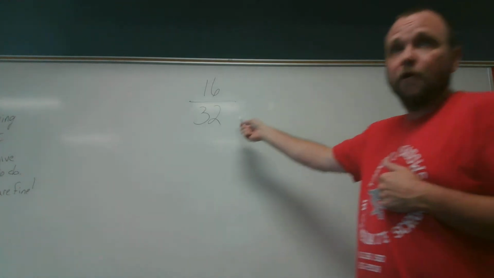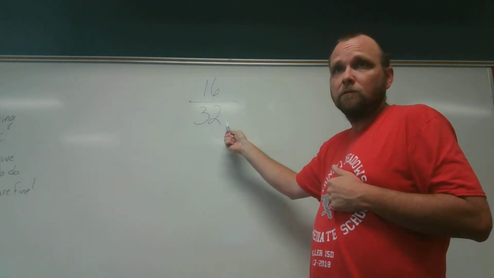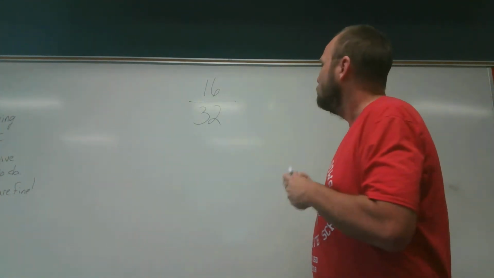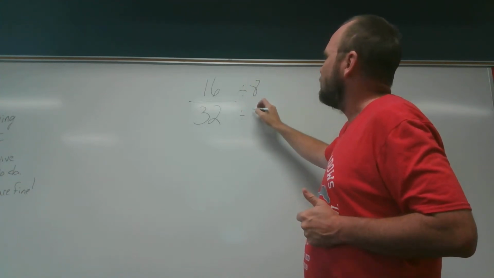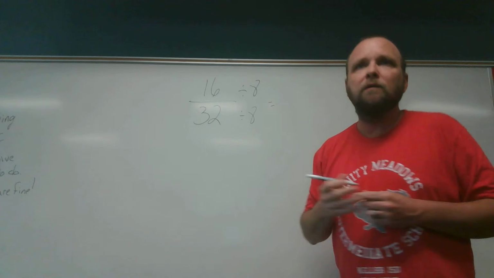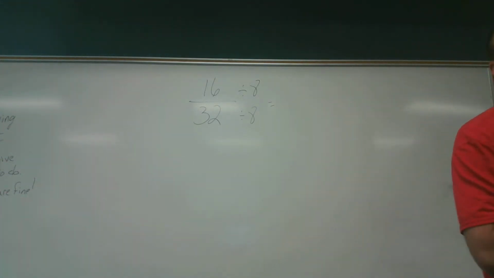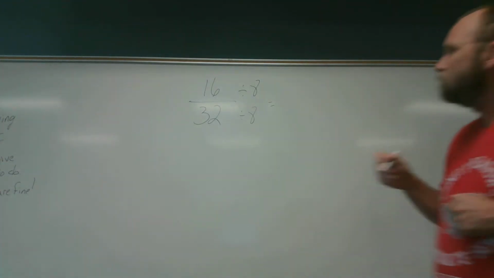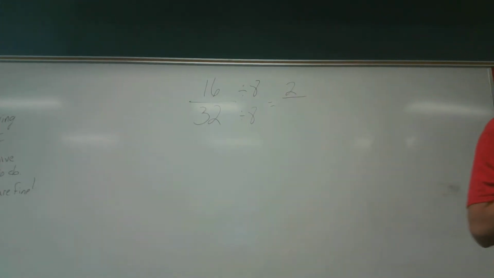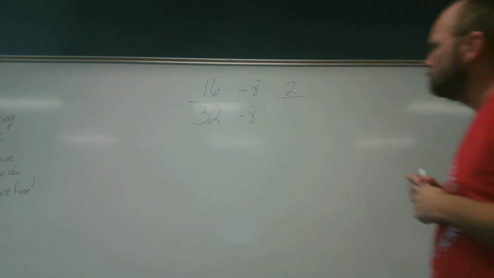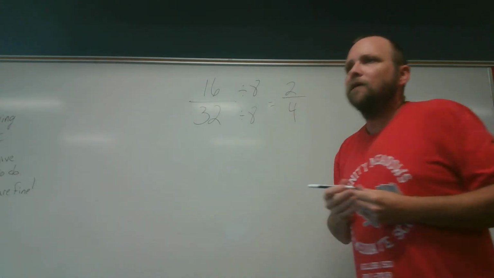Okay, does 8 go into 32 also? Good. So a common factor for 16 and 32 is 8. Noah, what is 16 divided by 8? 2. Noah, what is 32 divided by 8? 4. So now we have 2/4.